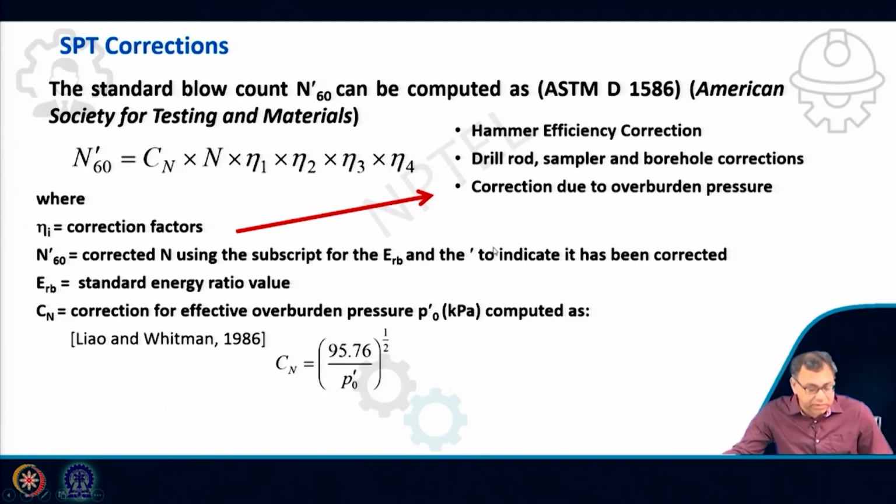Let me discuss the meaning of this N-60. What is the meaning of 60? 60 is the standard energy ratio value. The meaning is that suppose we are doing n number of SPT tests, and the applied energy, because we are applying a hammer blow, may not be the same for all the tests.